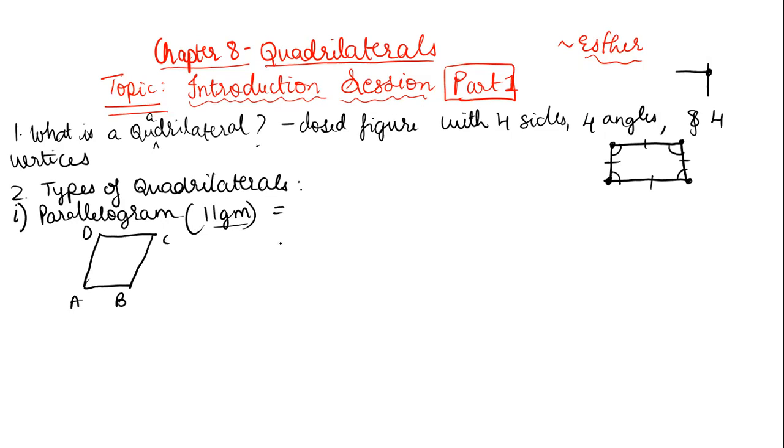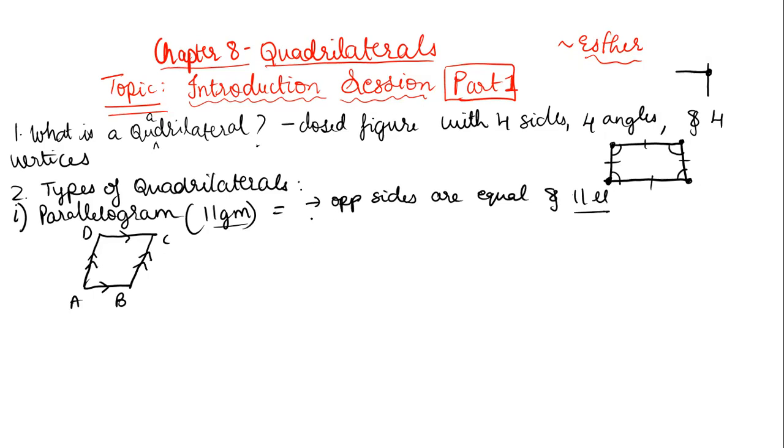A parallelogram is a quadrilateral where the opposite sides are equal and parallel. This sign stands for parallel. So these two sides are equal and parallel, and these two sides are equal and parallel to each other. Clear?